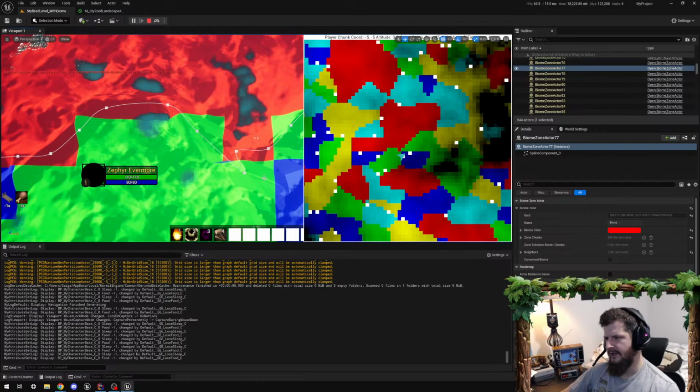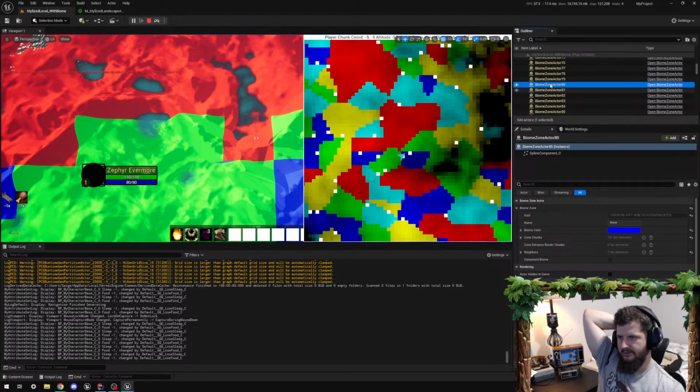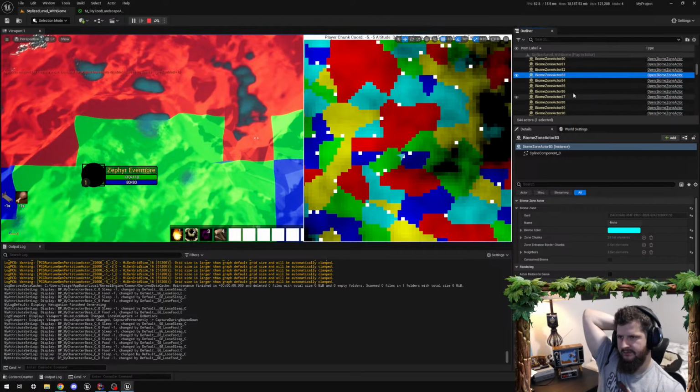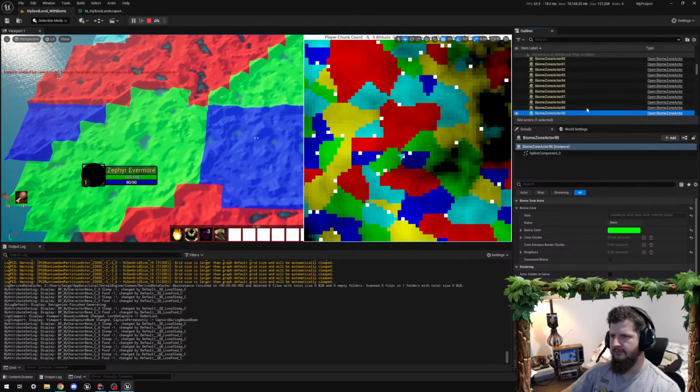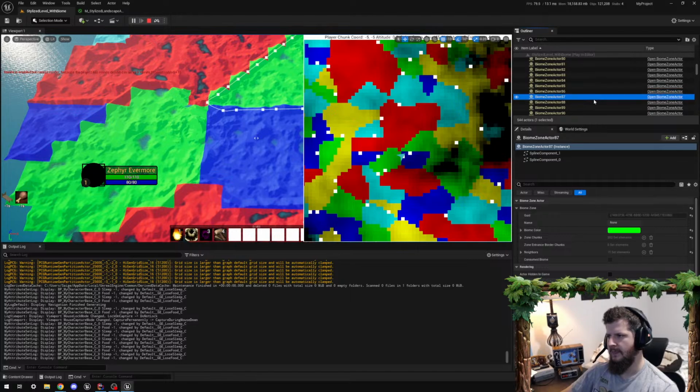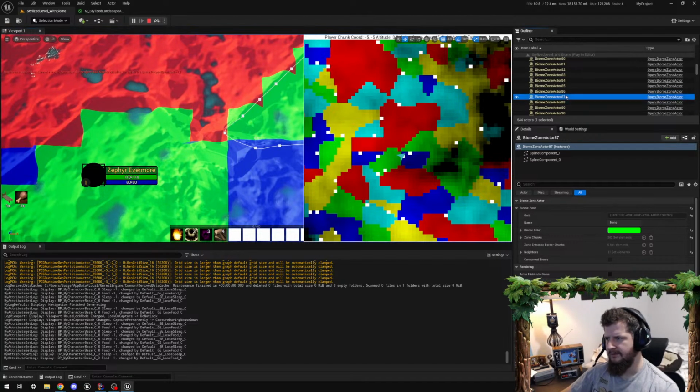Now, when I looked at some of the other neighboring ones, what was the next one I saw? Was it blue? I thought I saw one of the other ones. I saw green. And green does not contain that point, so that's fine.